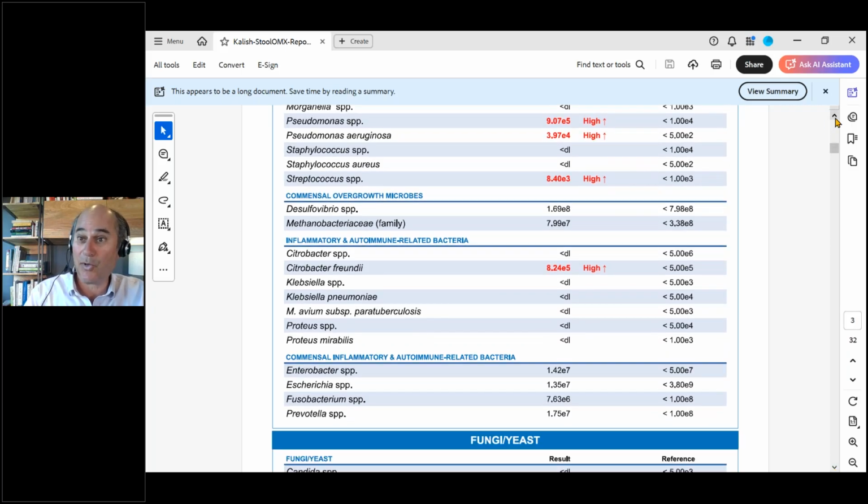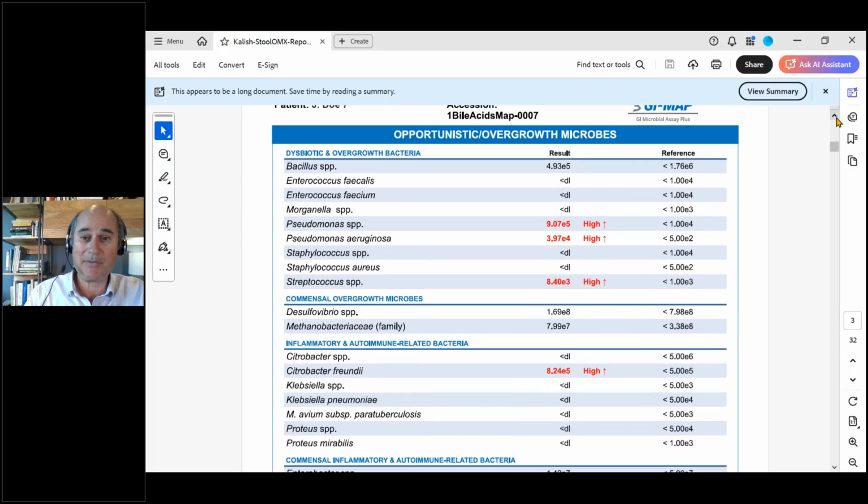Sometimes there's one marker that's positive. Sometimes there's like 5 or 10 markers that are positive. It does seem to me from looking at thousands of these labs and every day hearing students submit these labs and what's going on, that the more of these markers that are positive in general, the less healthy the person is. That seems to be pretty true.